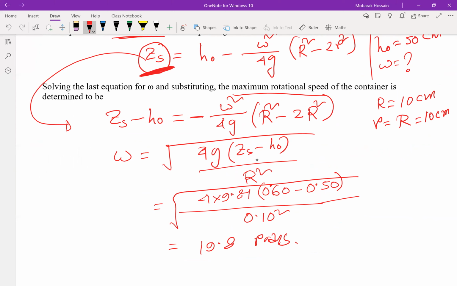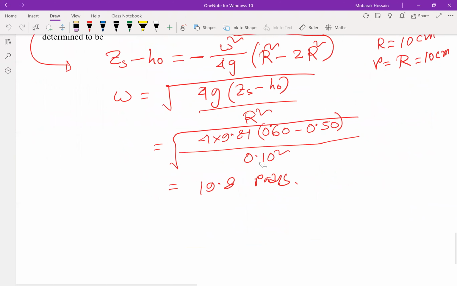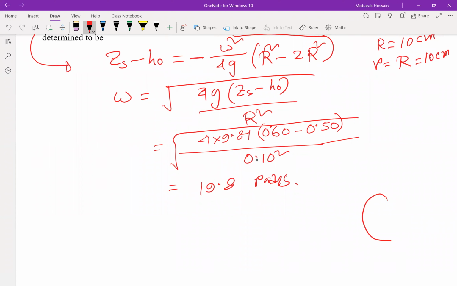Now rotational speed we can also express as rpm, basically revolution per minute. To convert, one revolution is equal to 2 pi radian.